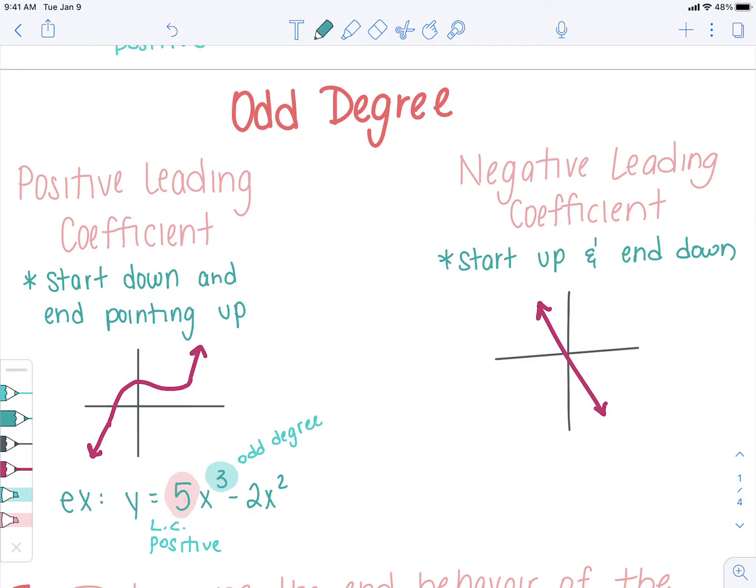So we can have an example here. y equals negative x. My degree here is 1 because it's not written. 1 is an odd number. My leading coefficient is negative 1, which is negative, so it's pointing down.